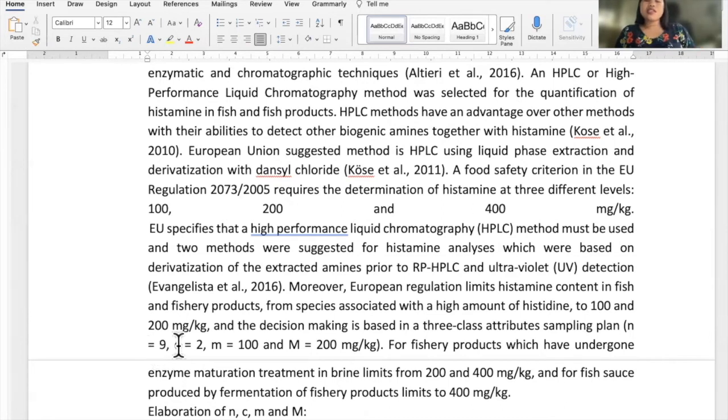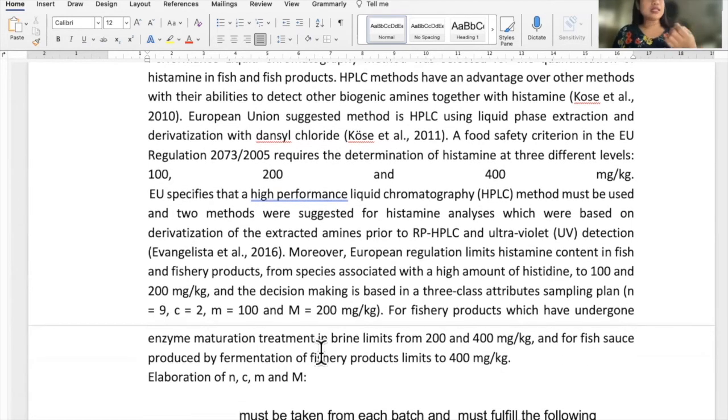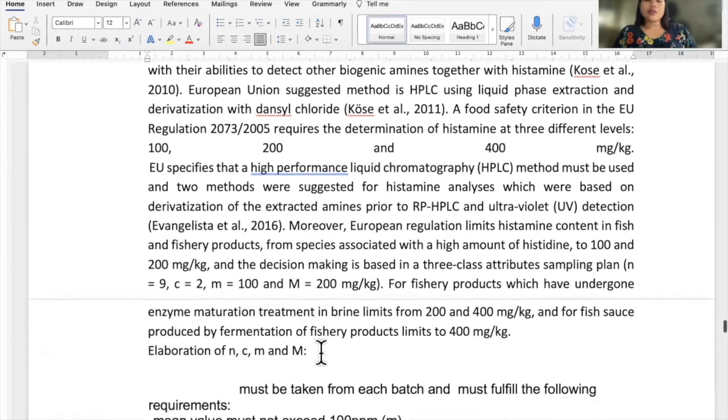And then c here is the number of parang critical samples. And small m here sets the limit. And the capital M is the final histamine content of your product.